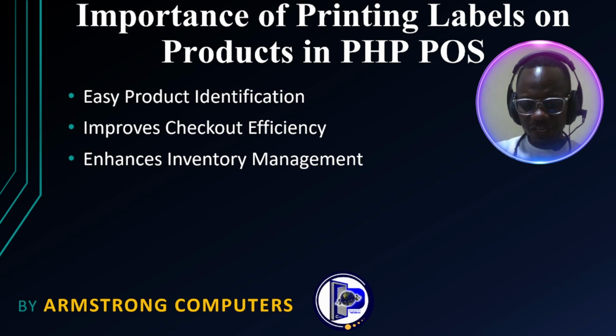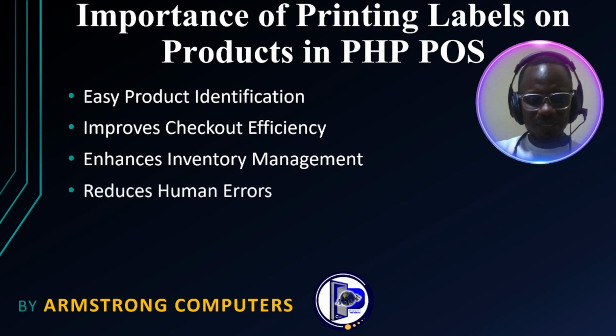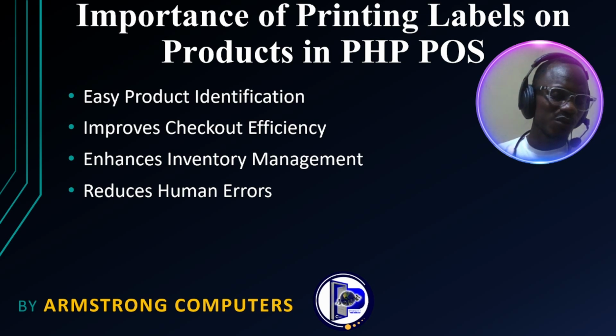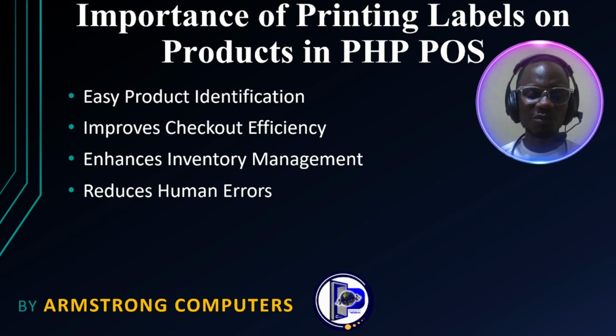The fourth thing I'd like us to look at, so far as the importance of printing labels on products is concerned, is that it reduces human errors. This simply means that when you are selling and there's a barcode on the product, instead of typing Gari, for instance, you have them in sections.